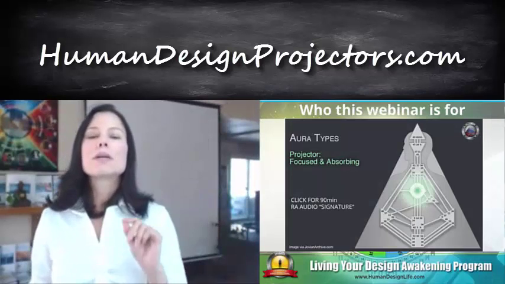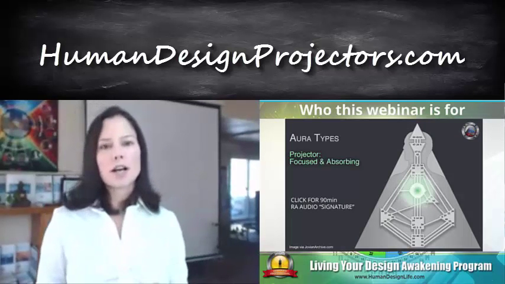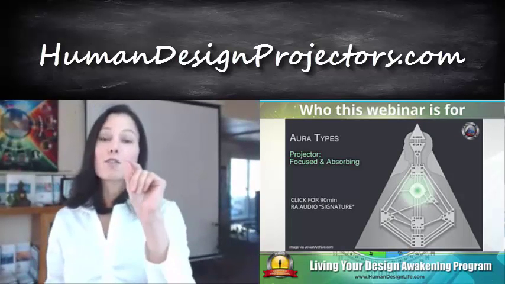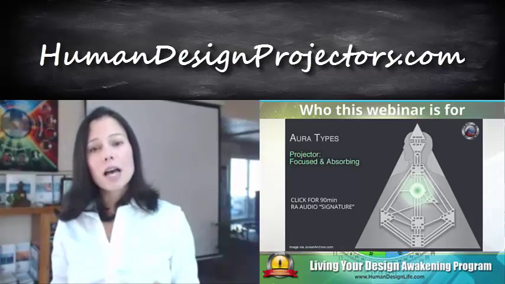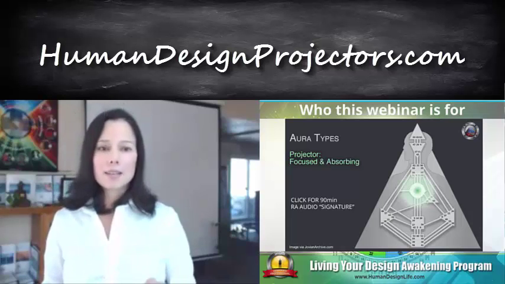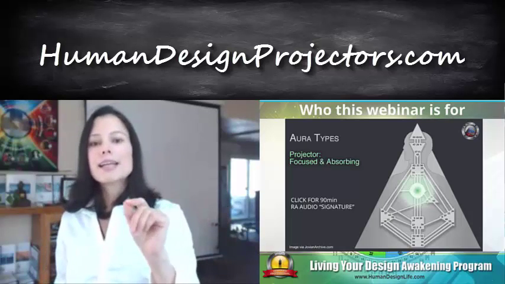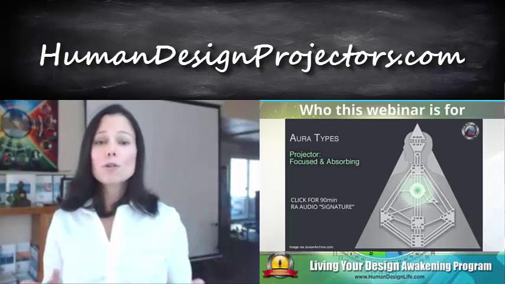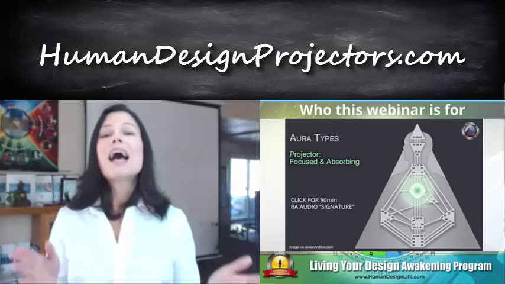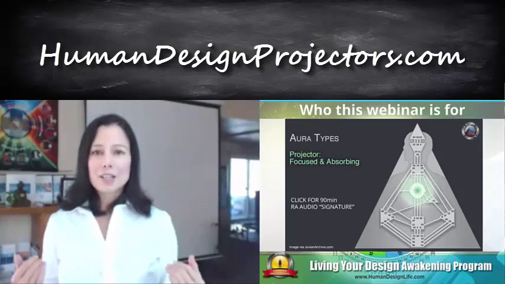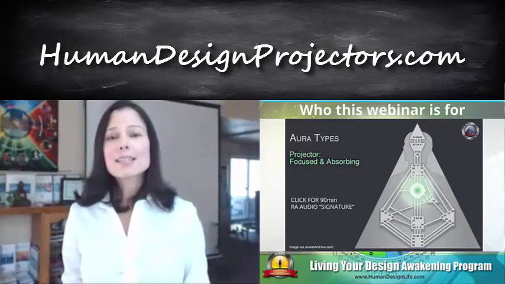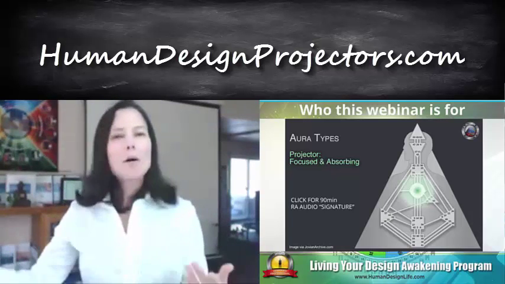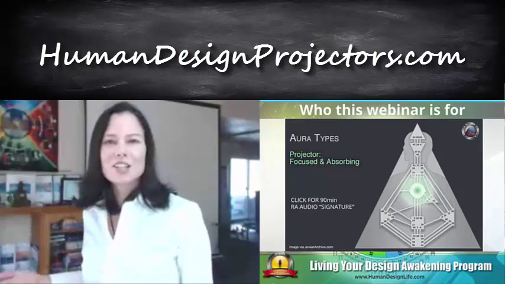This webinar is particularly for you as a projector, and your aura is focusing and absorbing. Now, when you get this PDF download, I want you to click on that image right here. There's a 90-minute audio from Ra Uru Hu, the founder of the Human Design System, and it's talking about our signature. Now, what do you mean by signature, Andrea? Well, signature is like how every plant has a signature.